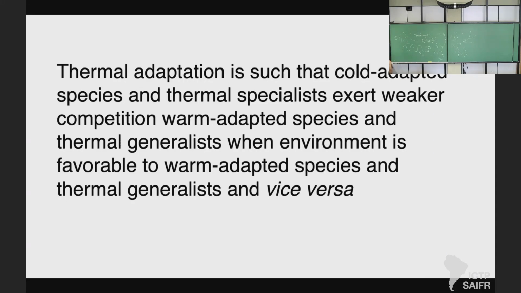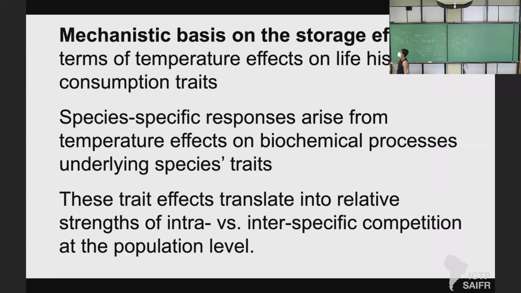They are adapted in such a way that they tend to limit themselves more than they limit other species. And that is coming not from my insects, that's from the fundamental nature of these responses, the data of which I showed you at the beginning for a lot of different species. And there are more data, I just don't have the time to show you all the data. There are hundreds of them. So here we have the mechanistic basis of the storage effect.